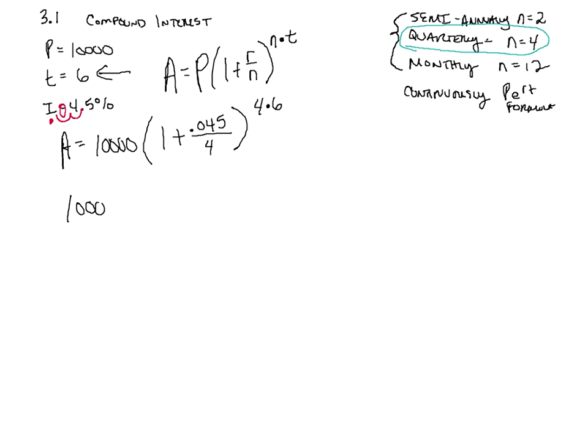I'm going to have 10,000 parentheses 1 plus 0.045 divided by 4 end parentheses raised to the, you can do 4 times 6 in your head and just put 24 there, but if it's something that you can't do in your head, you put parentheses 4 times 6 in parentheses. That's how I'm going to put it into my calculator, and I'll tell you what I get.